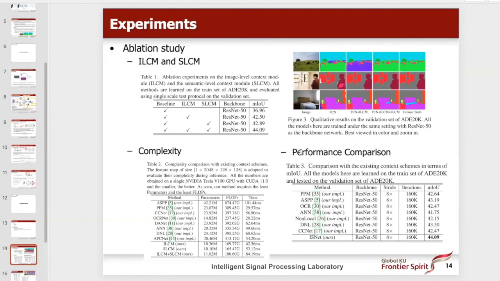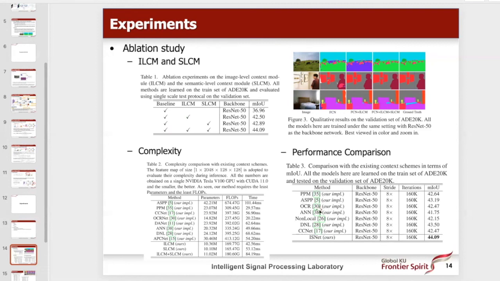About the performance comparison here, this part is to further show the necessity of introducing the semantic level contextual information. We compare the performance of the proposed method with the existing context schemes under the same training and testing settings.